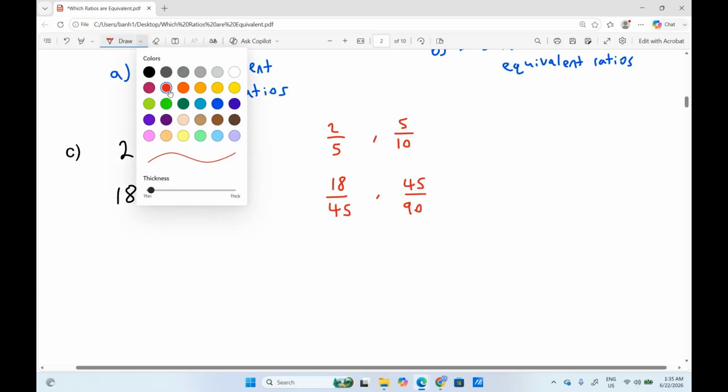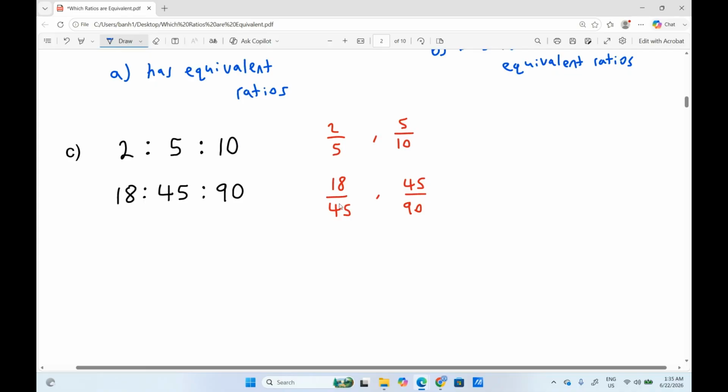Okay, now here's what I do notice. For the 18 over 45, I can divide both the top and bottom by 9. And if I do that, I'm now going to get 2 over 5. So great, one of these two are equivalent. Now, for 5 over 10, technically I can reduce this by dividing both top and bottom by 5. That will now get me 1/2. But for 45 over 90, I can also divide both top and bottom by 45. So that would also get me 1/2.